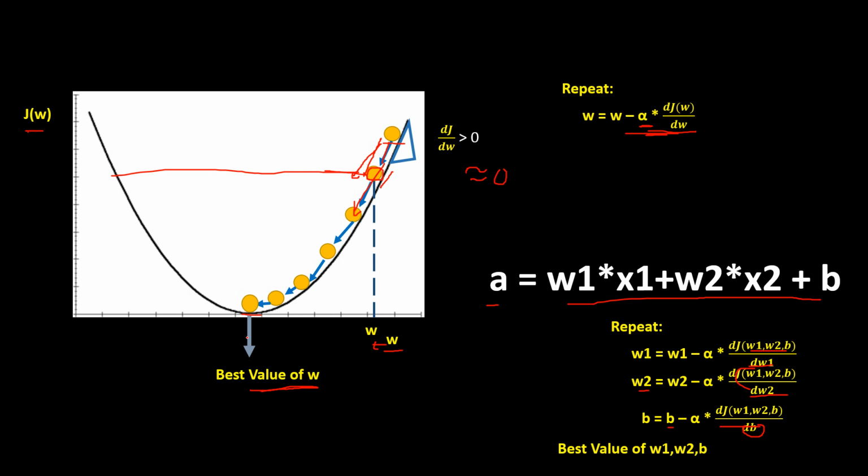Now consider another example. Suppose we choose a random value of w somewhere on the negative side, say -5 or minus something, and we get a cost function here. Again we compute the gradient, and as I showed you, the gradient is going to be less than 0, or negative. Since the gradient is negative, the goal of gradient descent is always to move in the opposite direction, so this side.